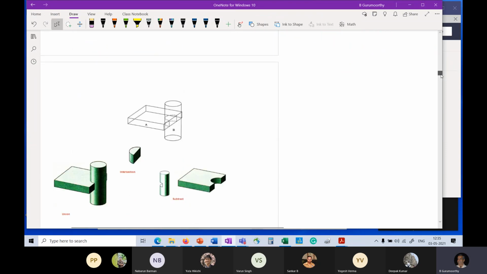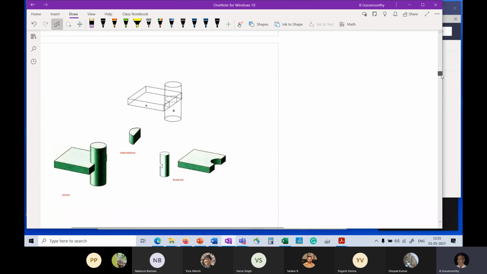Yeah. So here is an example, somewhat similar to the one I took, but it has only two parts, and it shows you all the three operations. So you have your primitive A and your primitive B, and you locate them relative to each other the way you want.